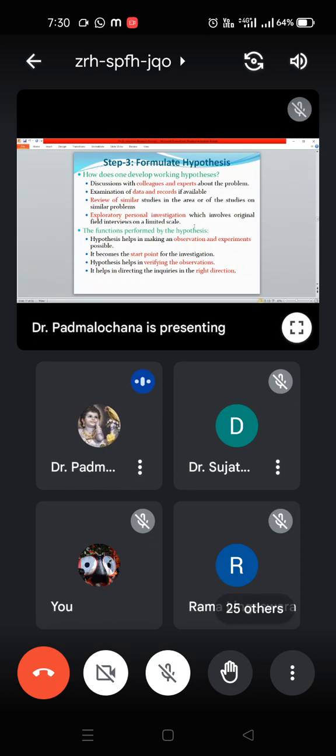Of course, while you are formulating a hypothesis, there are 2 types of hypothesis. In the last presentation, I highlighted this. I'll just highlight how to formulate and what the examples of hypothesis are.